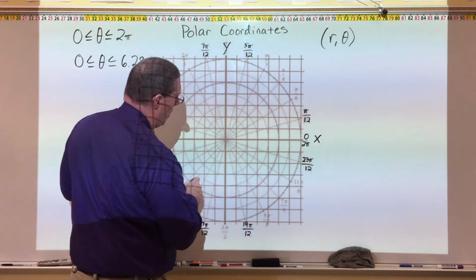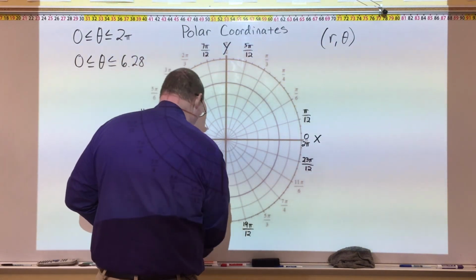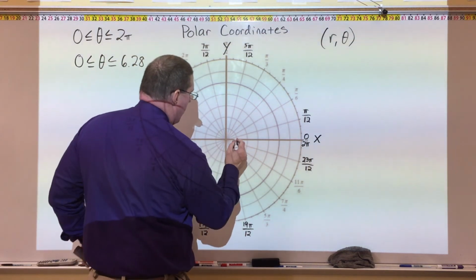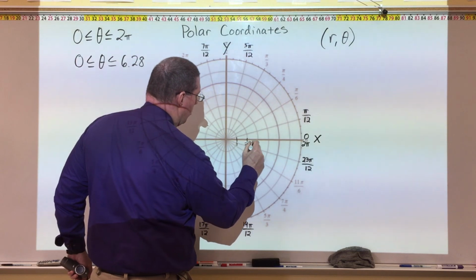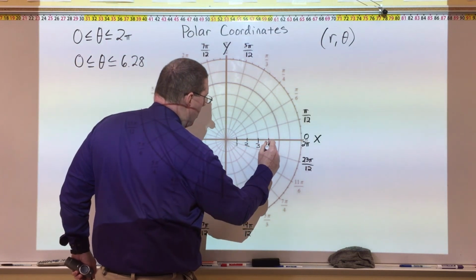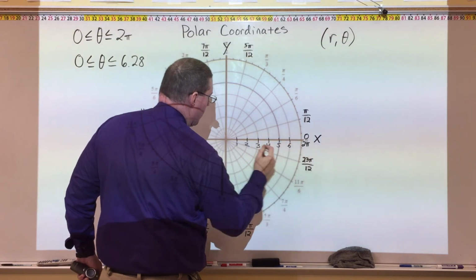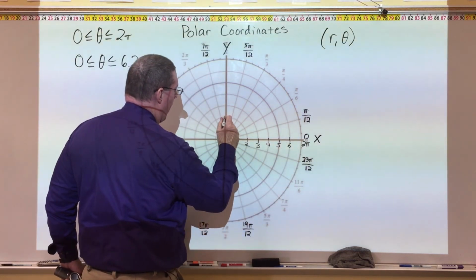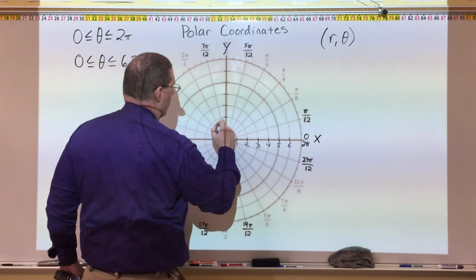you can see how we can go out along the radii, right? And you can also see, let me go back a second, we noted earlier that this is a radius of 1, right? This is a radius of 2, this is a radius of 3, this is a radius of 4, a radius of 5, radius of 6. We could also do the same thing on the y-axis. That's a radius of 1, 2, 3, 4, 5, 6, right?